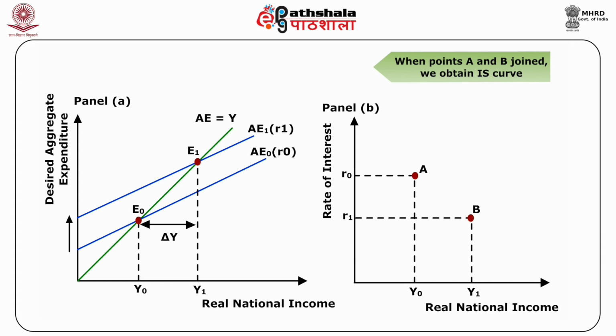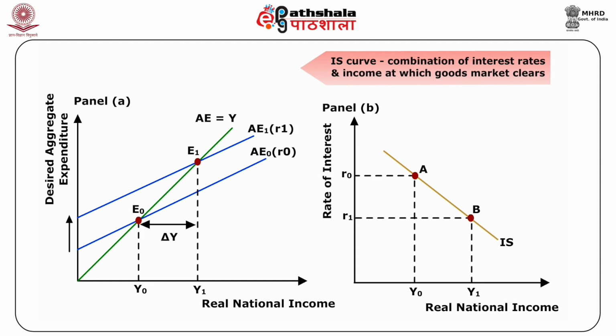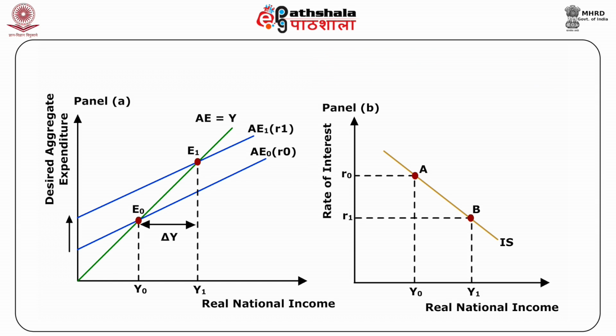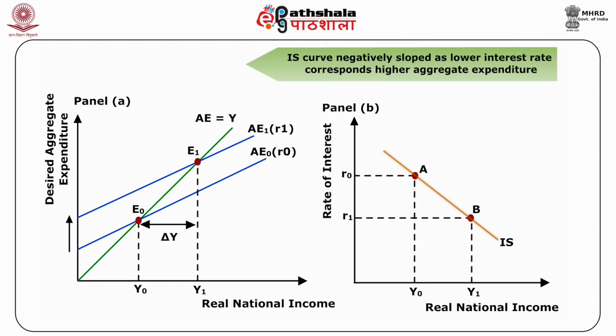When points A and B are joined, we obtain the IS curve. Thus, the IS curve is the combination of interest rates and income at which the goods market clears. All points on the IS curve represent the goods market equilibrium. The IS curve is negatively sloped as a lower interest rate corresponds to a higher aggregate expenditure.